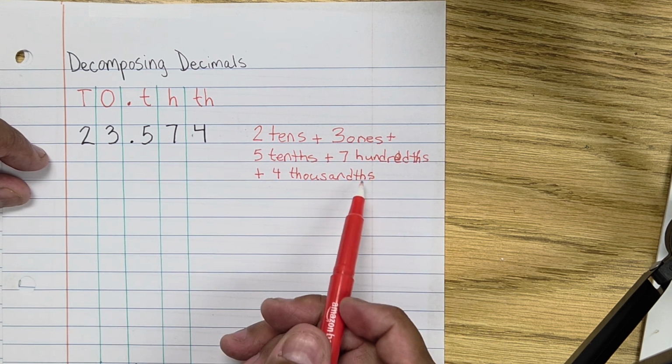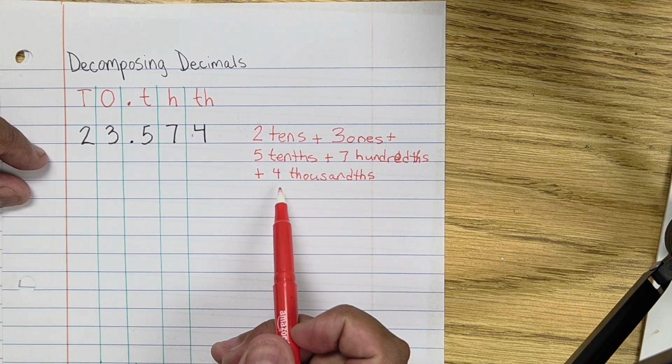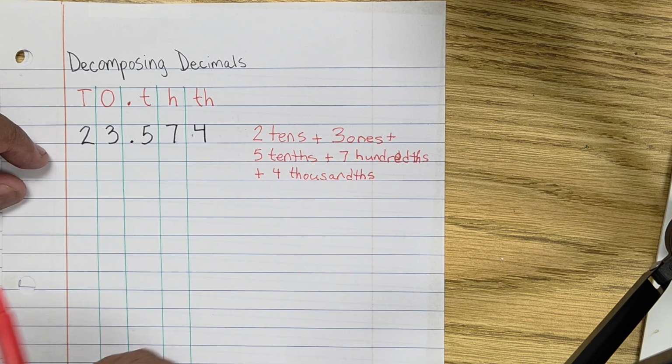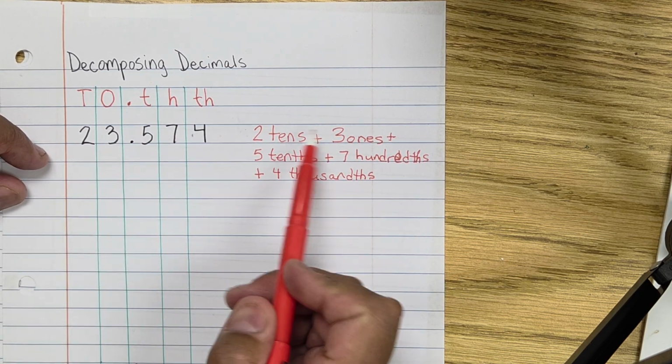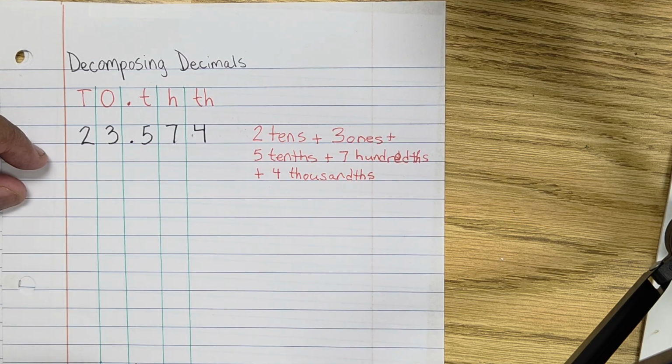All right, we really want to emphasize the THS at the end, and we like to really tell it 4 thousandths just to remind them that that's the decimal. Okay, so that's each one: 2 tens, 3 ones, 5 tenths, 7 hundredths, and 4 thousandths.